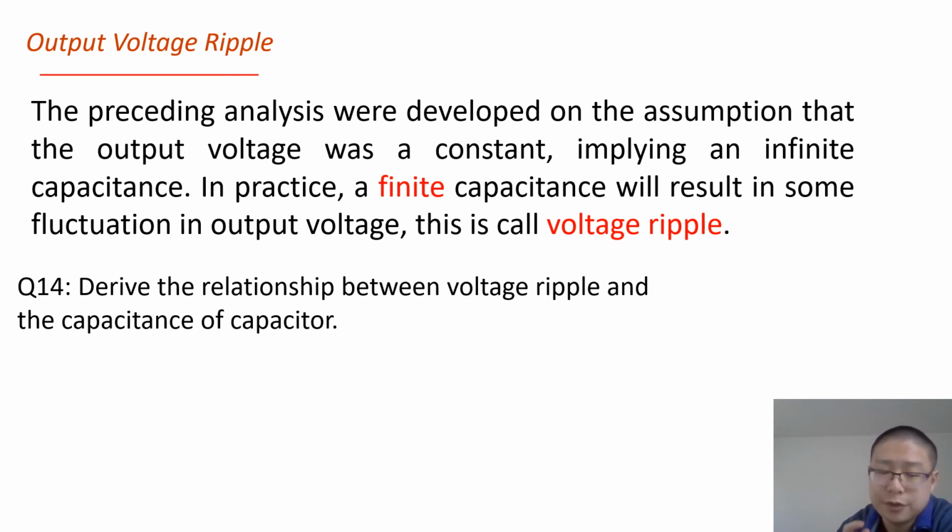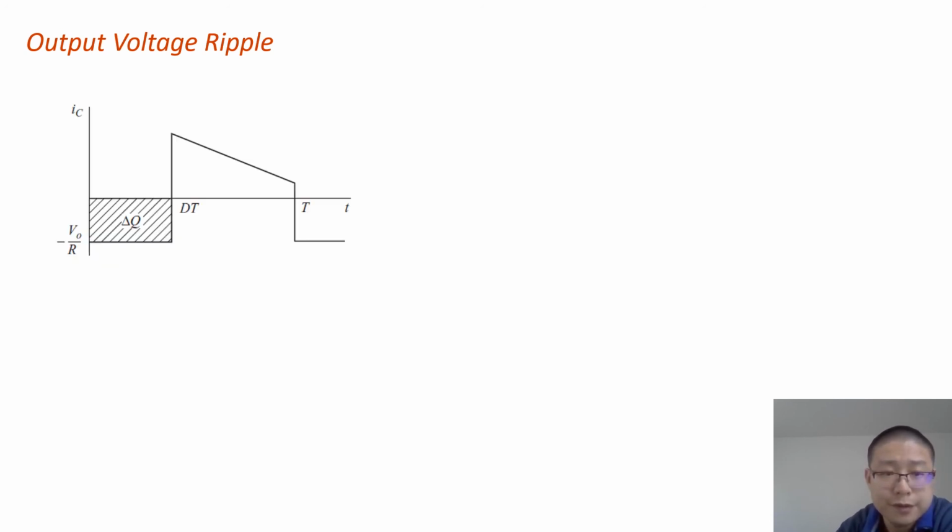So that is question 14. Derive the relationship between voltage ripple and the capacitance of the capacitor. This figure shows the current of the capacitor.